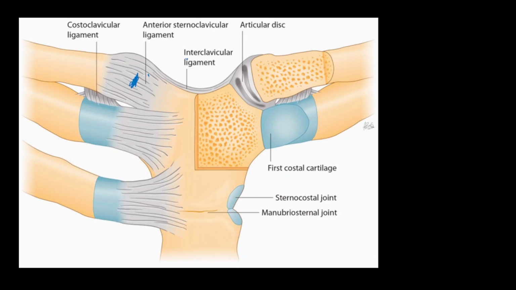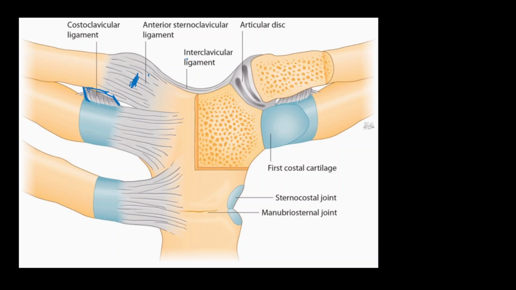We also have the costoclavicular ligament that attaches to the costal cartilage of the first rib, and it attaches through the inferior medial surface of the clavicle. That is where we have the depression or the indentation for the costoclavicular ligament, as we saw earlier.